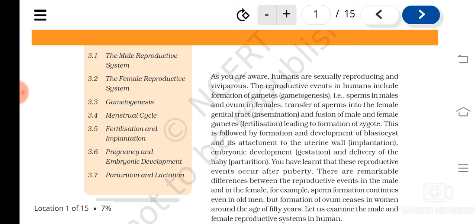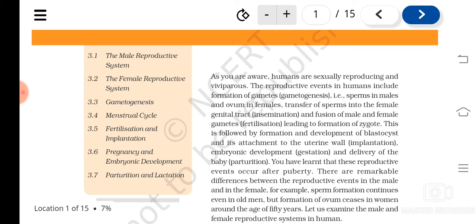So what are they? First is gametogenesis. What is gametogenesis? Formation of gametes, male and female gametes. In detail we will be studying this. Then insemination, what is that? Transfer of sperms into the female's genital tract. Then fusion of male and female gametes is known as fertilization, and that leads to the formation of the zygote.